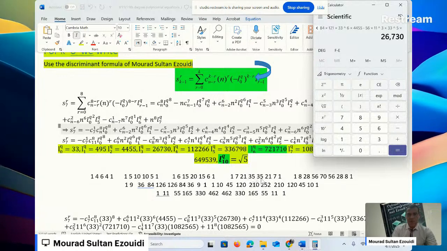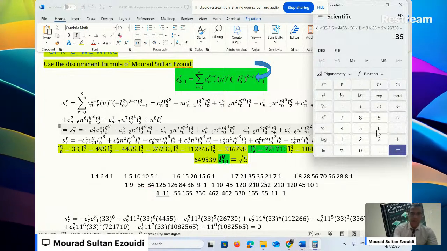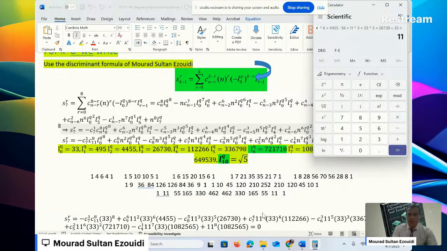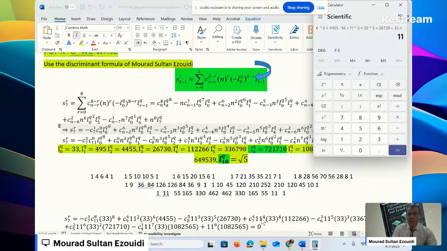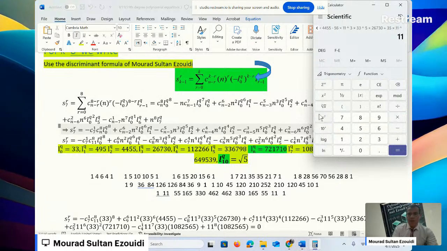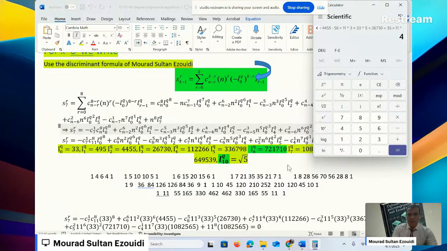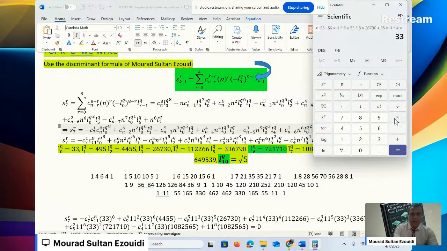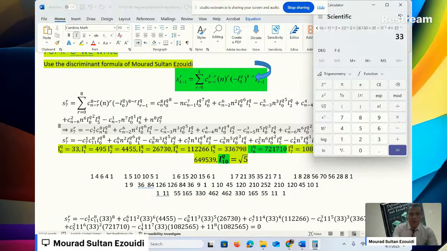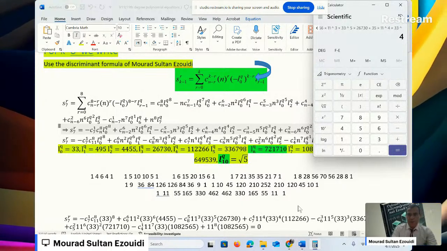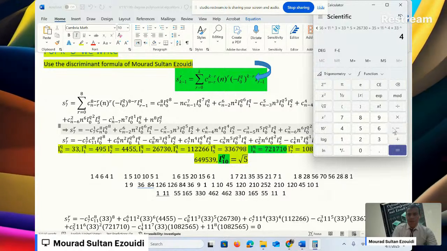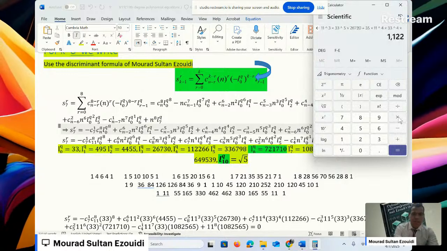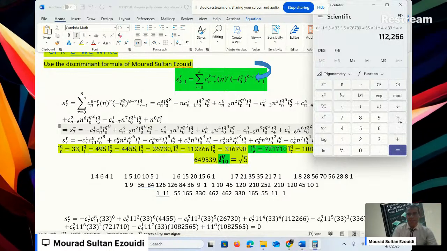Plus 35, multiplied by 11 raised to the power 4, multiplied by 33 raised to the power 4, multiply by 112, 266.